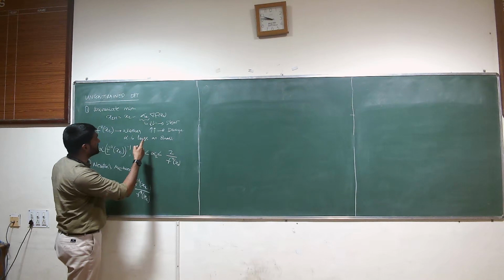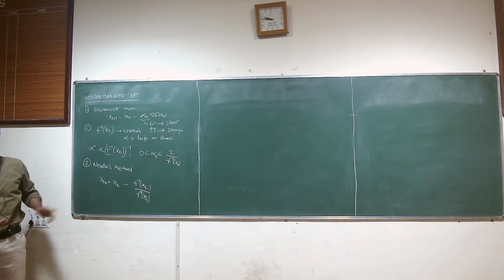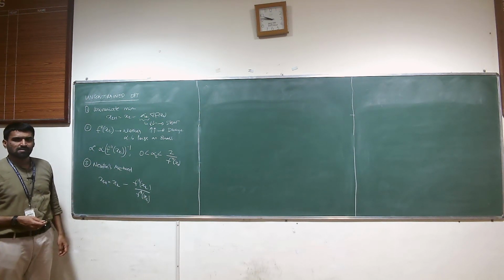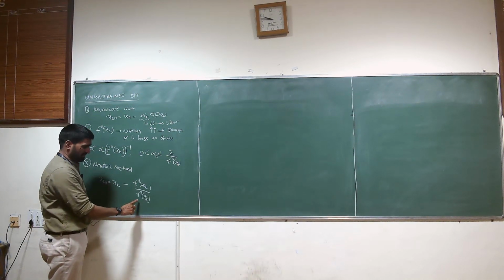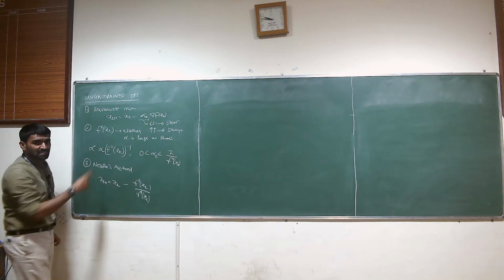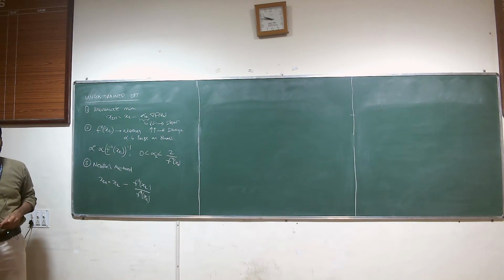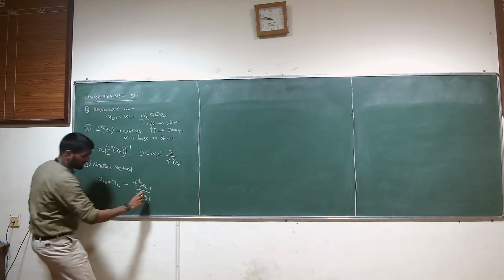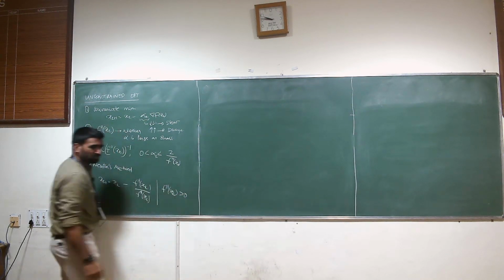How is this an improvement over this method? Is it always better than this? Of course, here f double dash of x k has to be greater than 0.